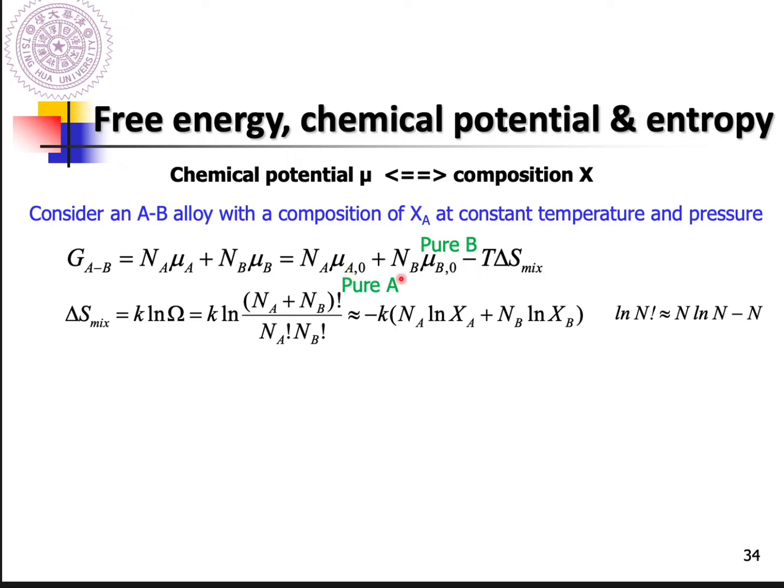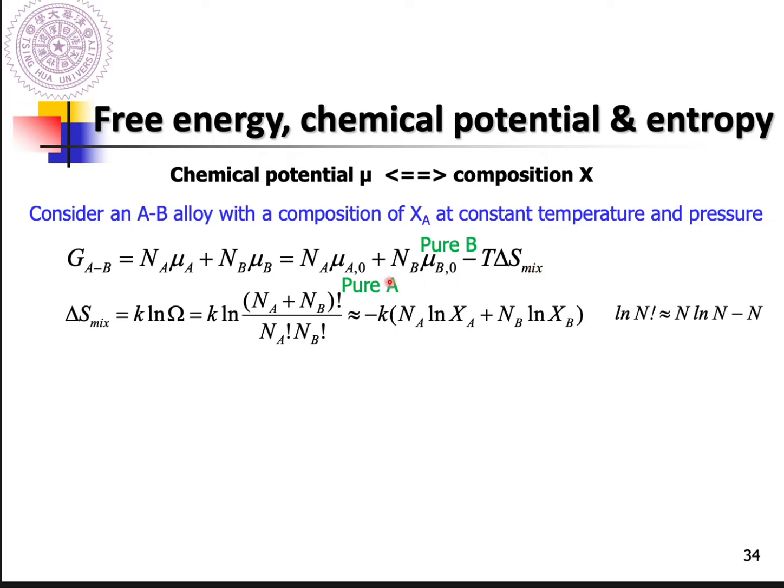Because this is pure A and pure B, you sum them up, right? But now it's an alloy, so you need to subtract the mixing entropy term. During the mixing to form this alloy, there's some energy loss, or a decrease in the total energy of this alloy. So you need to subtract the mixing entropy term, which is minus T delta S mix, the mixture of A and B atoms.